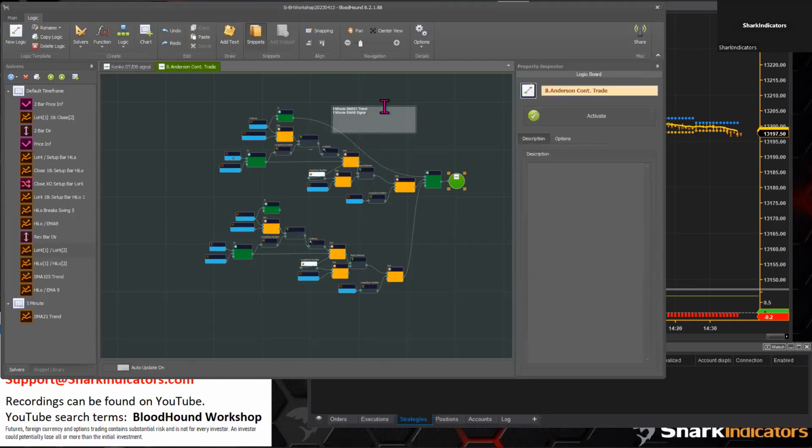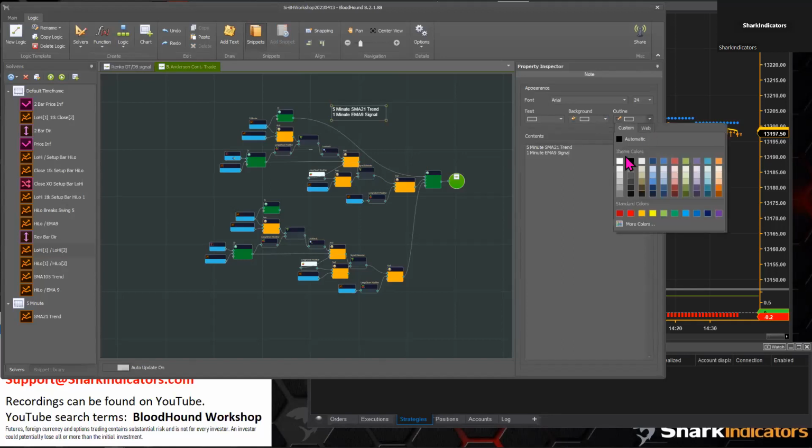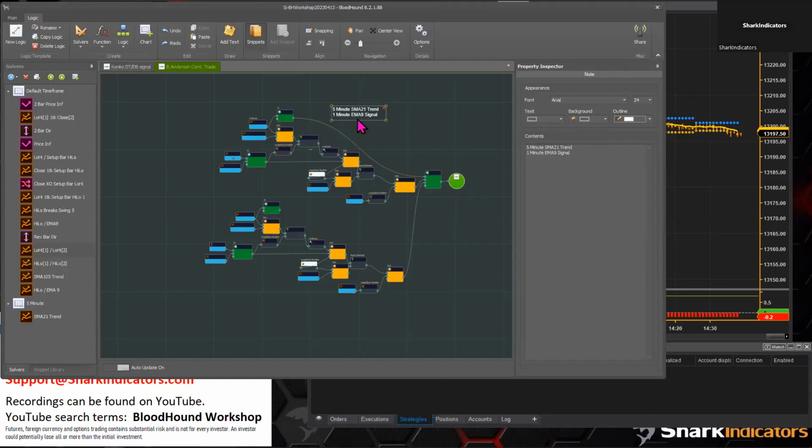I'm having to be a little patient with this because every time I edit this text box, BloodHound is also doing a recalculation.